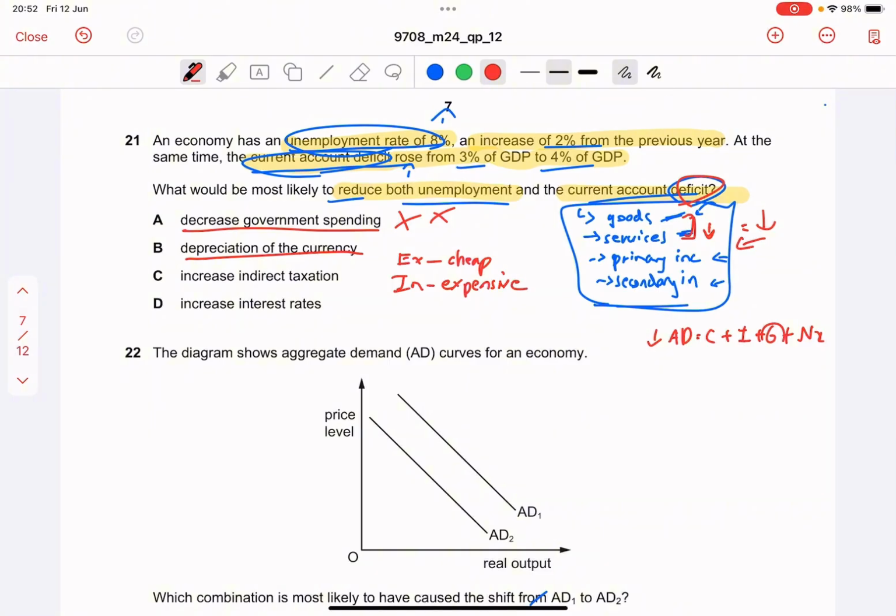So with this in mind, if the value of your currency depreciates, what happens? Well, since your exports are cheaper, they become more internationally competitive. If they are more internationally competitive, it basically means that people will buy or demand more of your exports because they're cheap. And people like cheap things, right? So that means that the value of your exports is likely to increase.